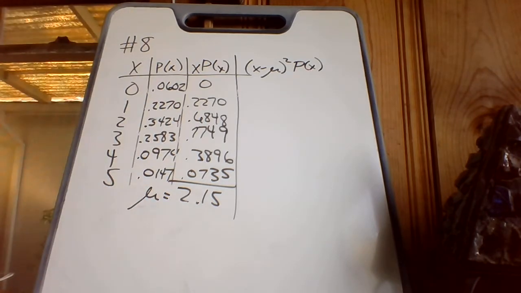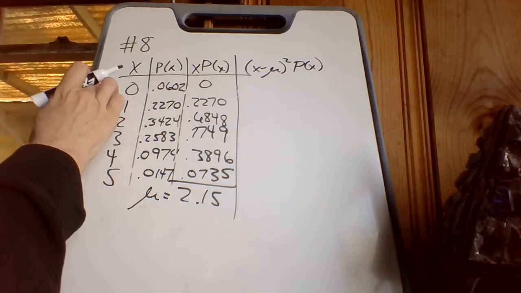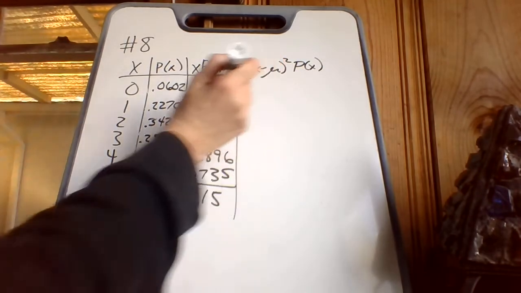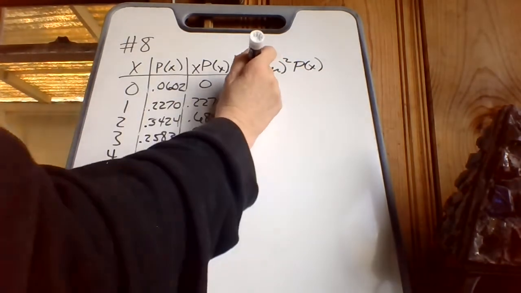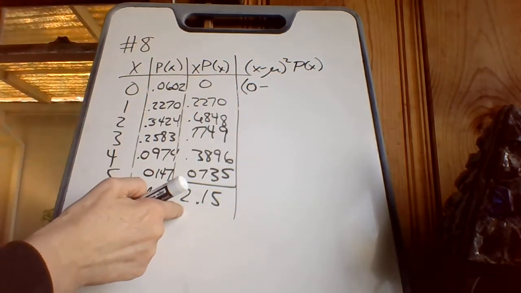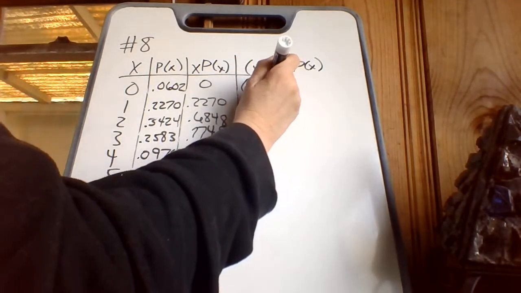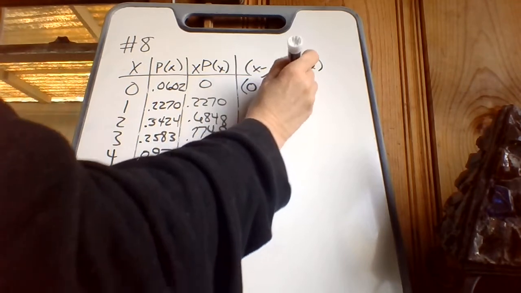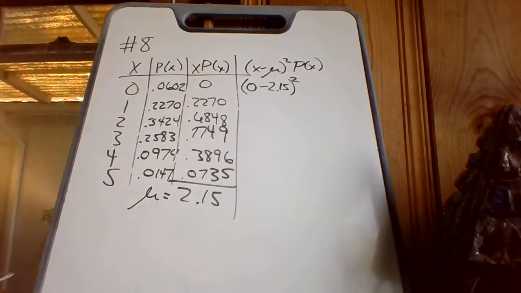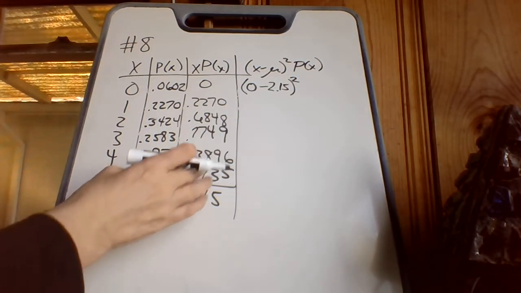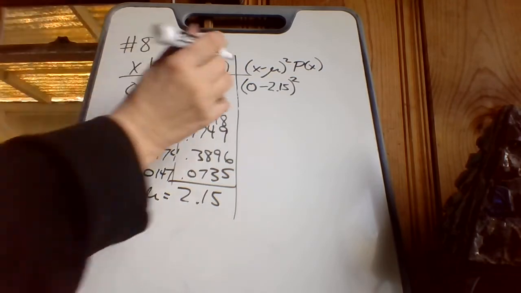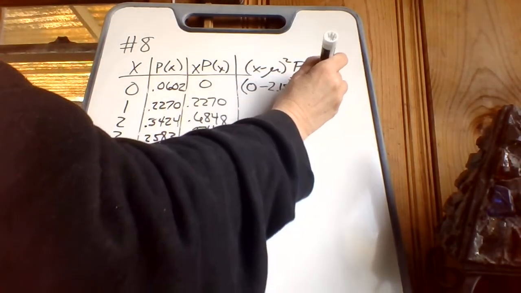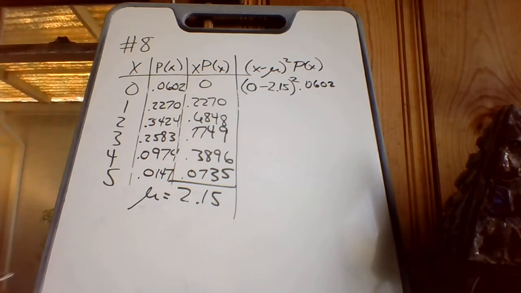All right, now the more complicated one. I take this column, I write a parenthesis, then go back to this column, so 0 minus whatever I got here, which is why I rounded just to make my life easier, 2.15 squared times, and this is a hazard, don't go back to here, go all the way back to the second column, 0.0602. When I multiply that out, I have to be super careful.